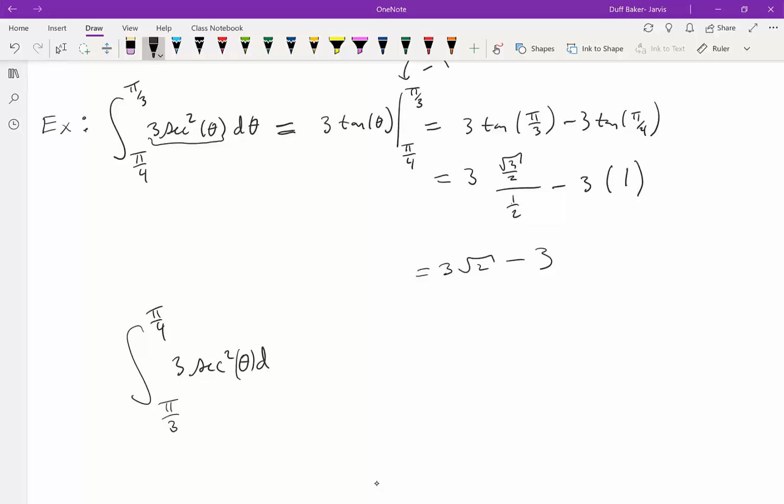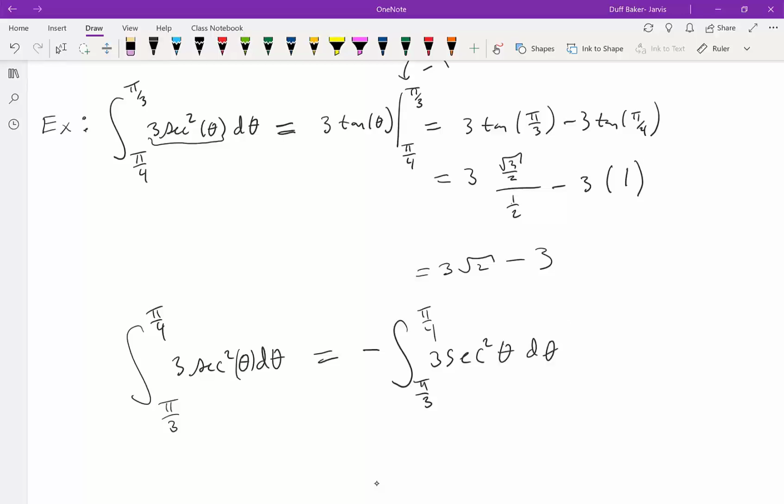If I switch the bounds, from what we talked about last time, we would expect to get minus the original. That was one of the rules we learned last time: whenever you switch the bounds on the top and bottom, you add an extra negative.